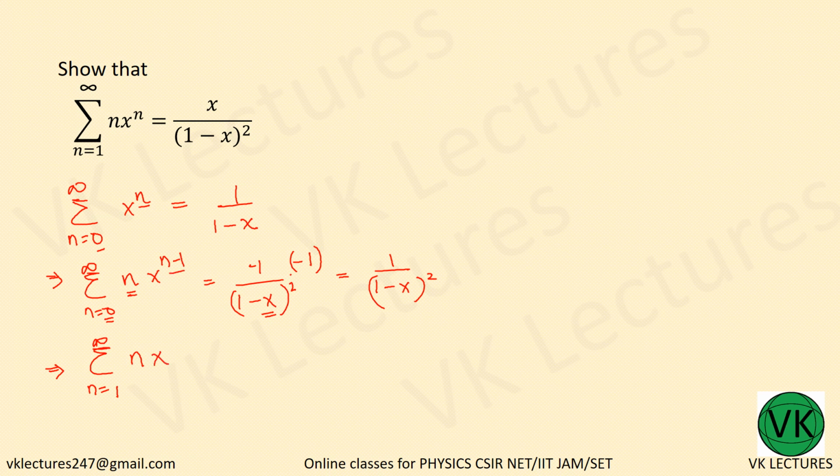Now when I change n from 0 to 1, I have to add 1 here, right?